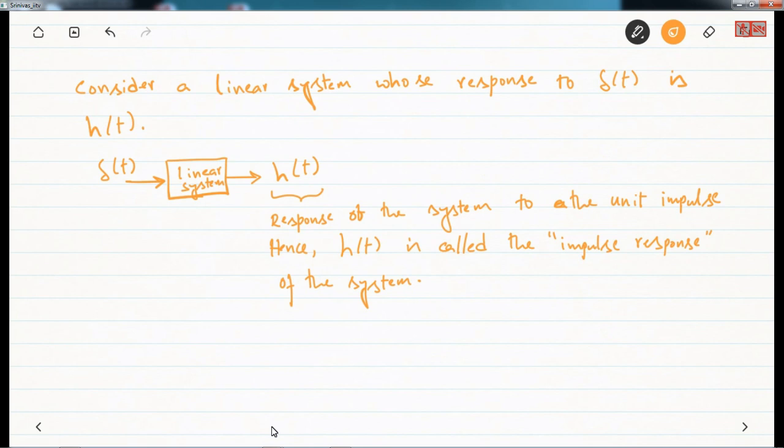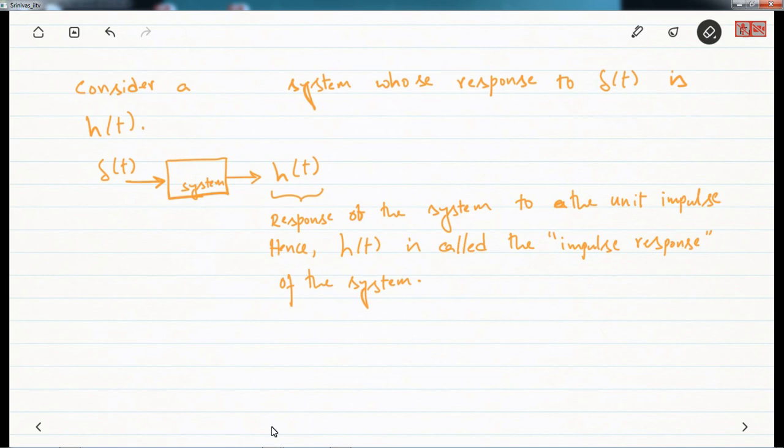In fact, the system need not even be a linear system. Strike out the word linear from here.